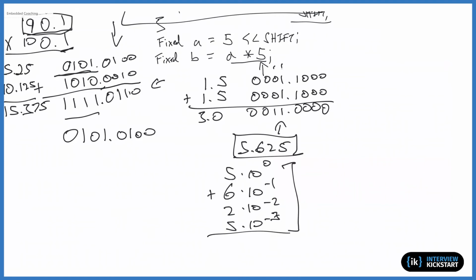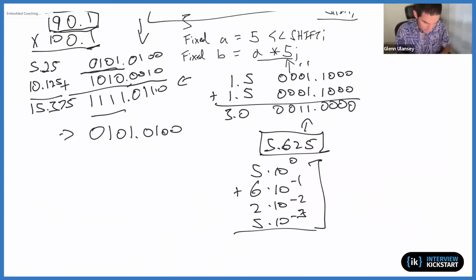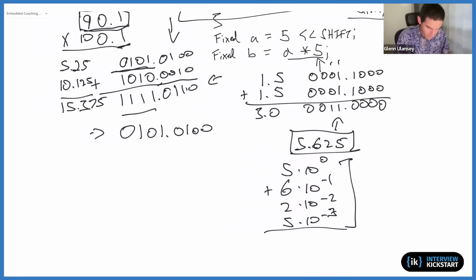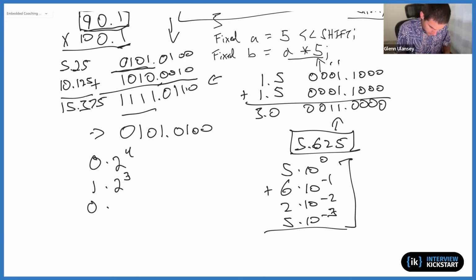So let's look back over here at this example of 5.25. What we have here is 0 times 2 to the 4th plus 1 times 2 to the 3rd plus 0 times 2 squared. Oh, nope, sorry. Started 1 off.